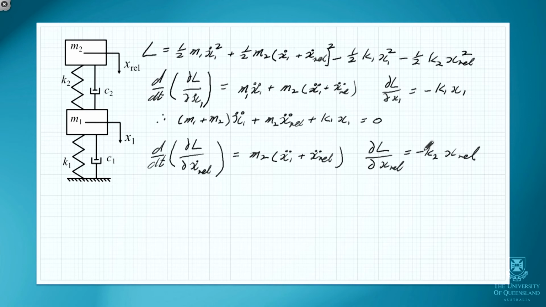So if we put those together, we get a second equation of motion. And this time, once again, let's put x rel first because it's the one we're talking about for this equation. But there's a coupling term, you see, to x1 in the inertia.